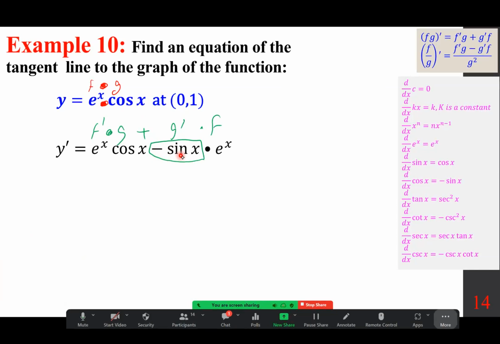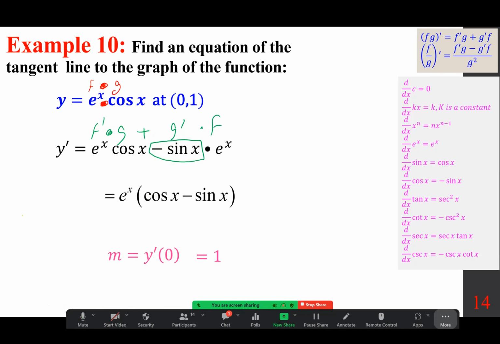So let's factor the e to the power of x out. It makes it easier to see. And then m, the slope, we plug in 0. If we plug in 0, we get 1. Why is that? Let's quickly show you.